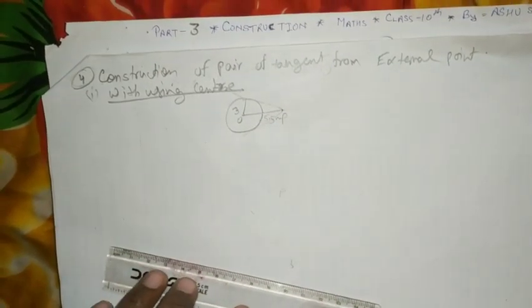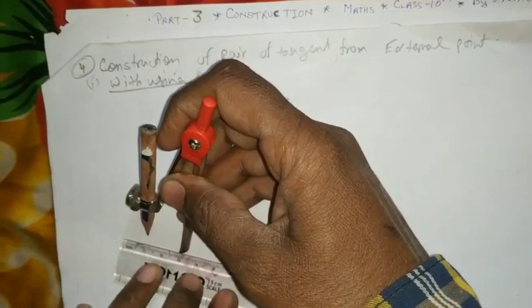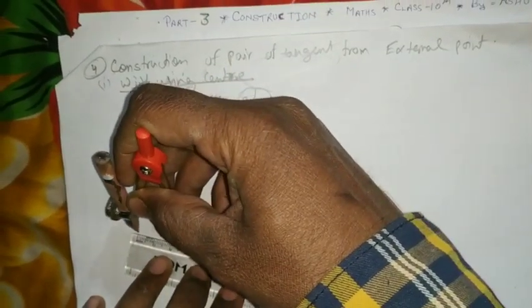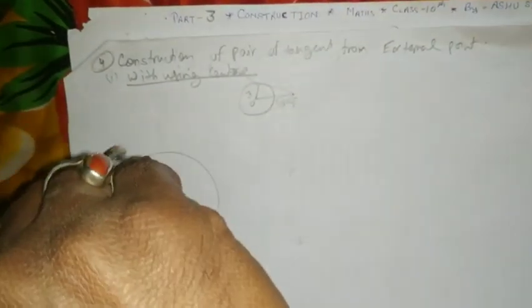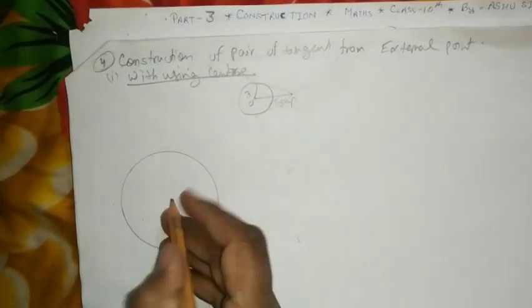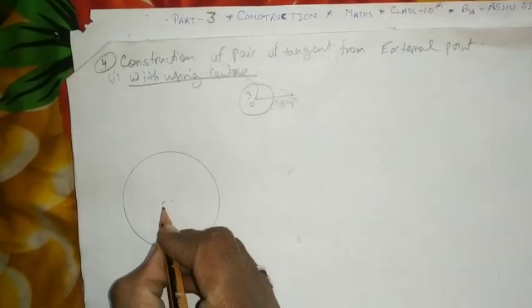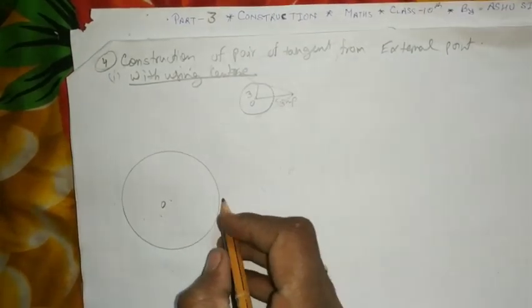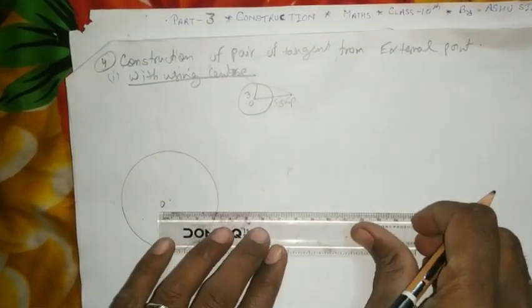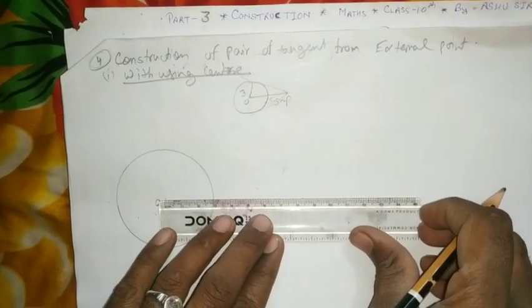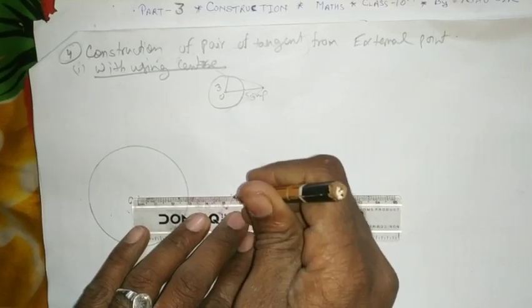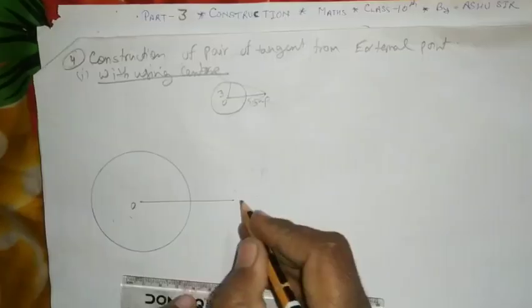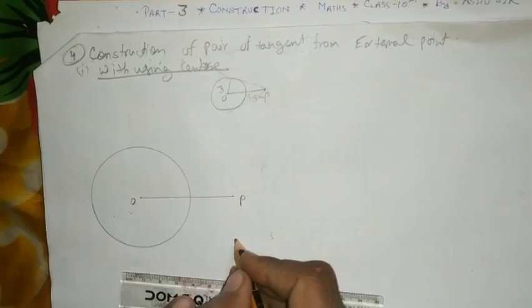So first we take the circle. We take the radius 3 cm. First we draw a circle of radius 3 cm with center O. Then take a point P, which is 5.5 cm away from the center.